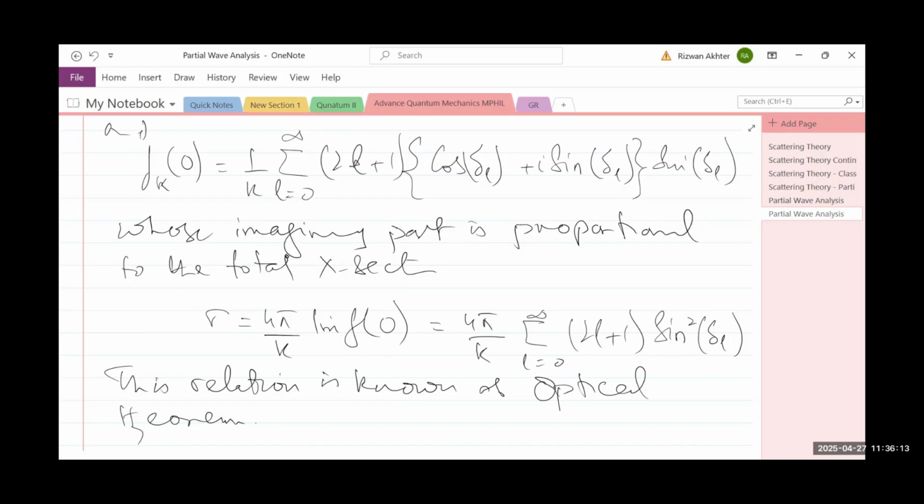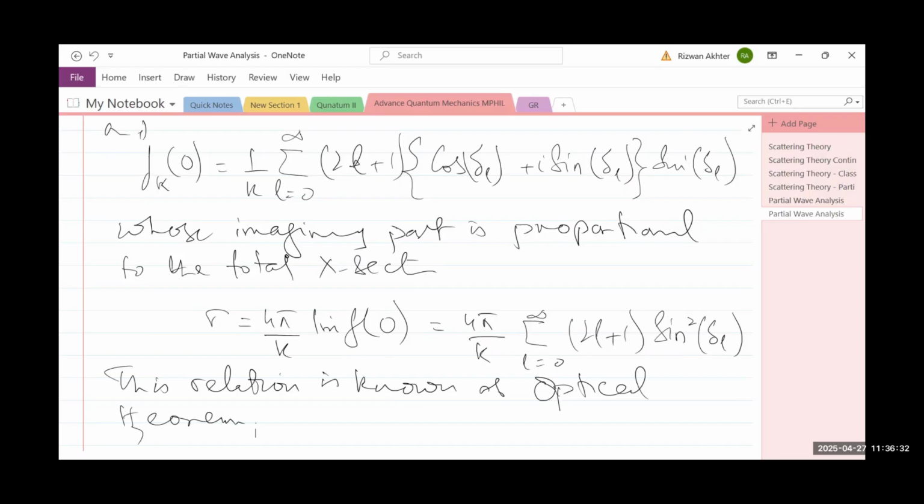Here we said that the number of incoming particles is equal to the number of outgoing particles. Then we could also do the analysis where we would say that the incoming particles and the outgoing particles are different.